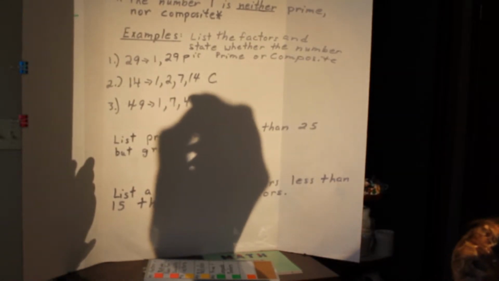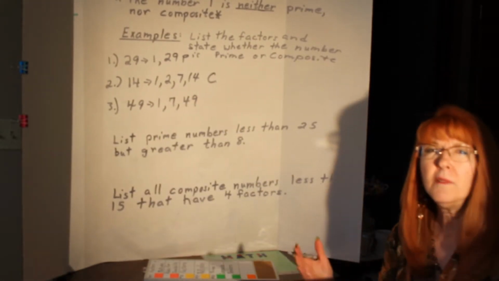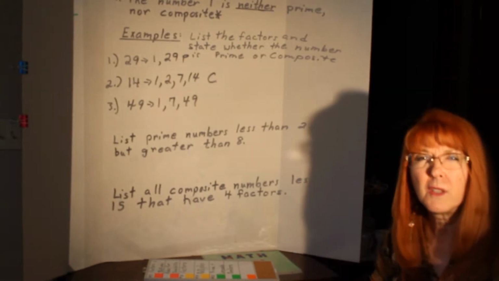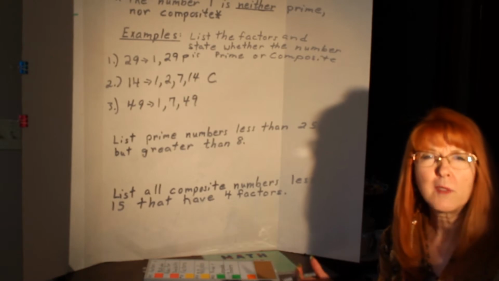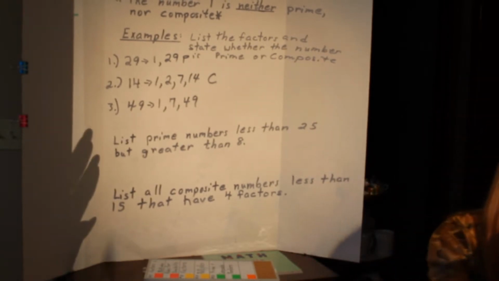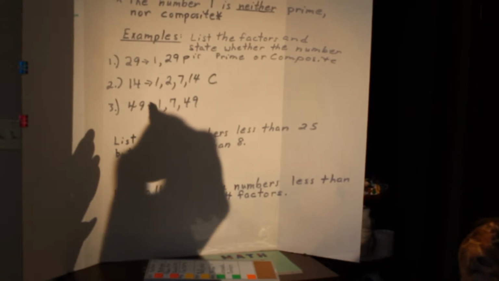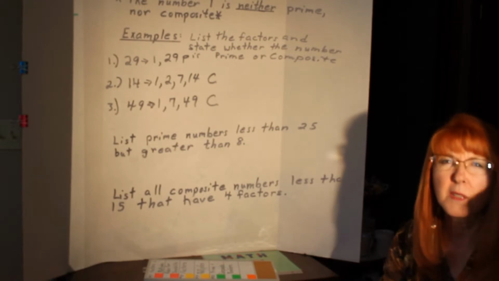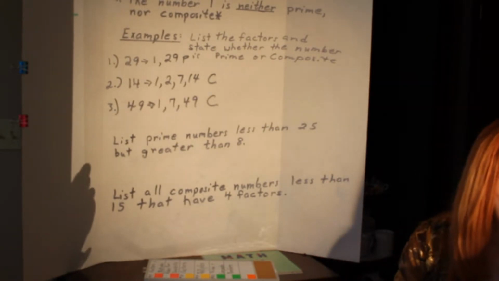Now, 7 is a factor of 49. 7 times 7 gives you 49. You don't have to write 7 twice. Once it's a factor, you don't need it listed twice as a factor. So we just have 3 there. So this is a composite number. It has more than two factors, so it can't be prime.